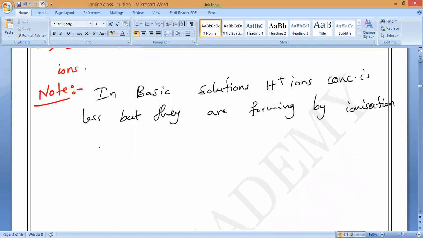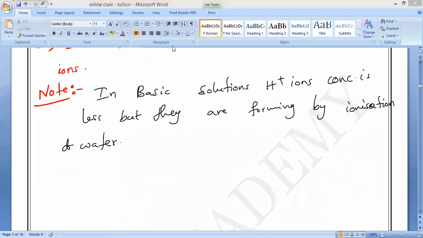Ionization of water. Please remember, ionization of water. So whose concentration is more in basic solutions? OH minus ions is more.